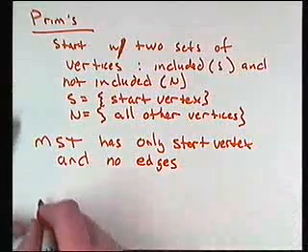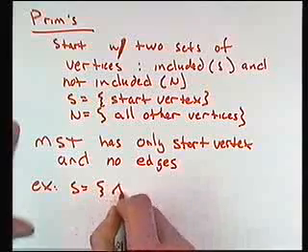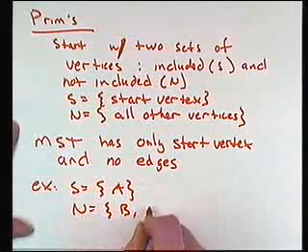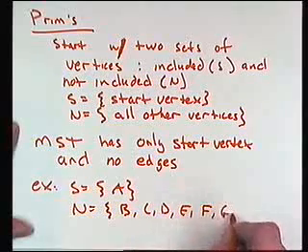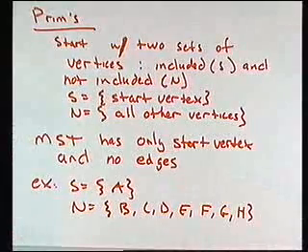So for our example graph, we can say that S is going to be equal to the vertex A, and N is going to be equal to the vertices B, C, D, E, F, G, and H. And of course, the minimum spanning tree has no edges.